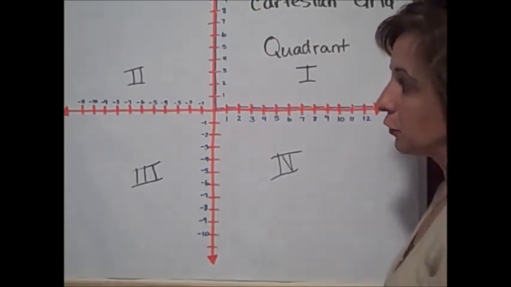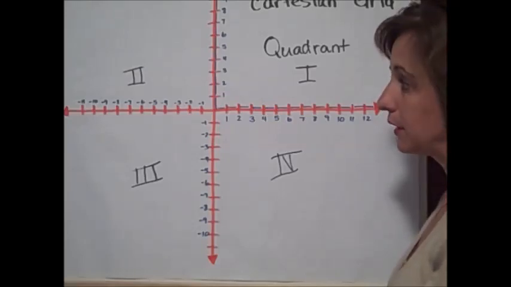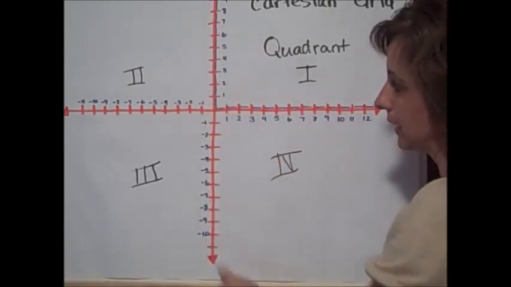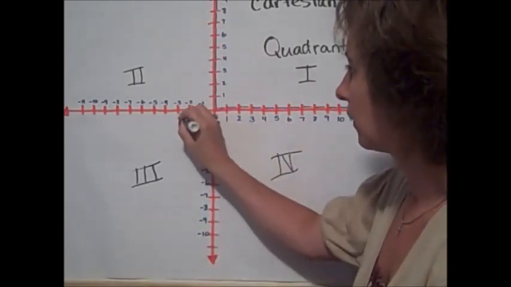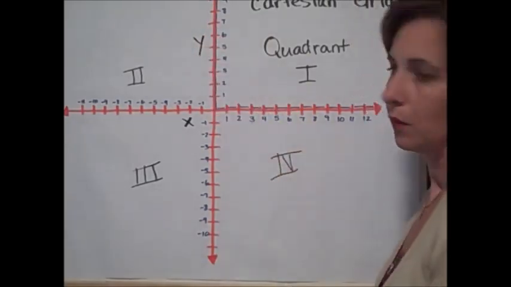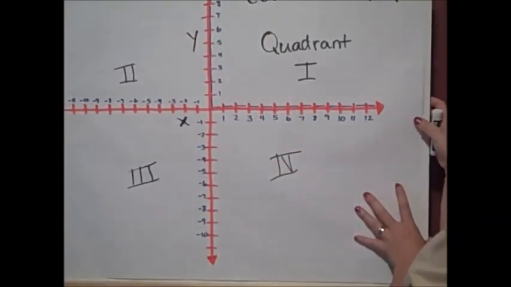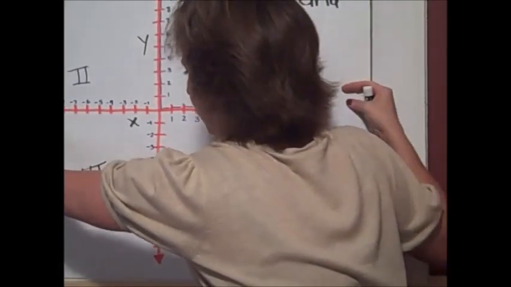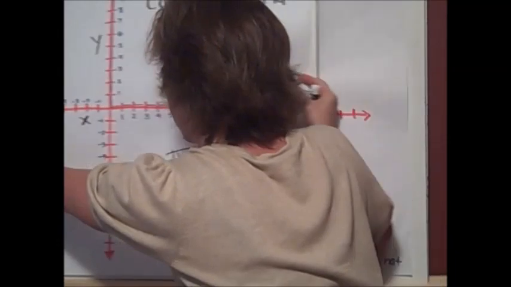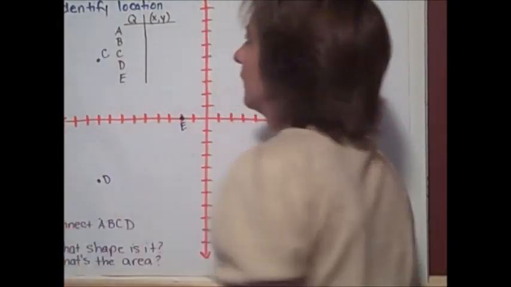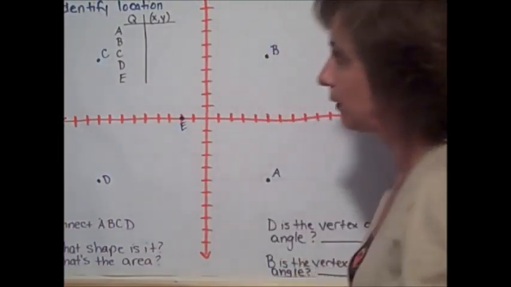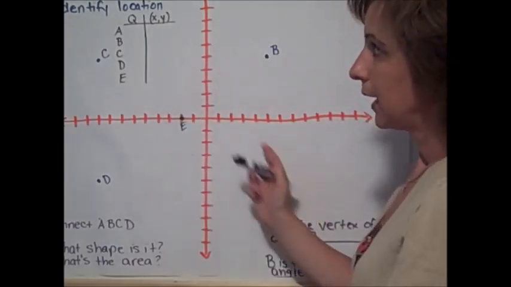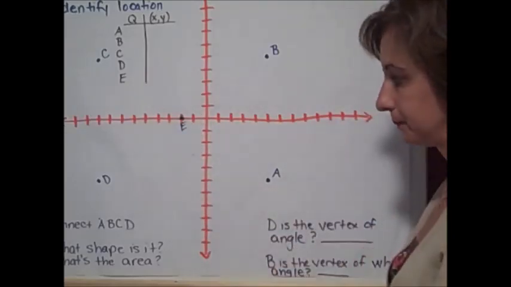So you would plot points on this just as you would the other. You would go on the x-axis first and then the y-axis. X, Y. So here is our Cartesian grid, and it wants us to identify the points that are here and what quadrant those points are in.